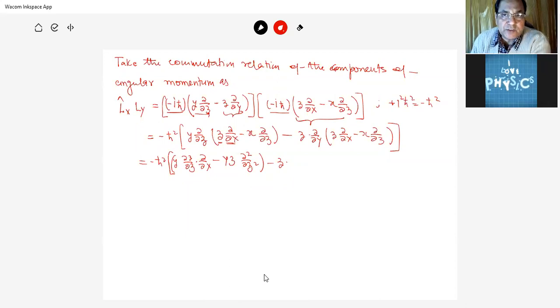So this is z squared, z into z squared, and del squared del y del x, minus zx del squared del y del z. This minus minus here is plus as well.